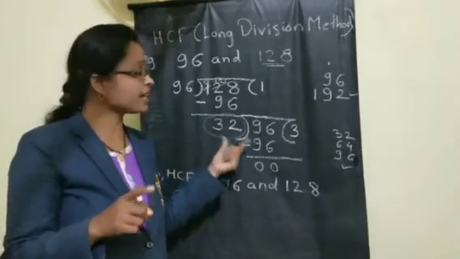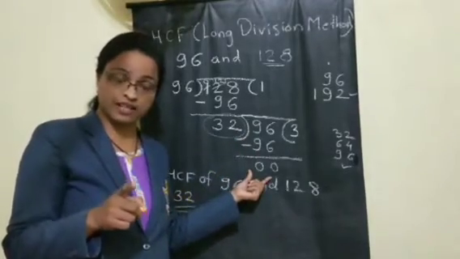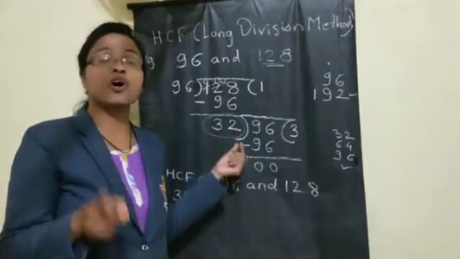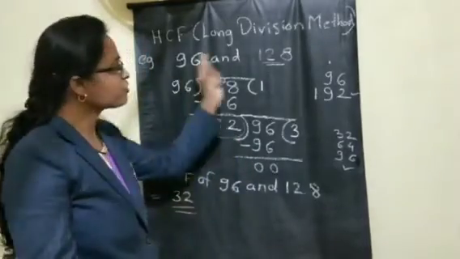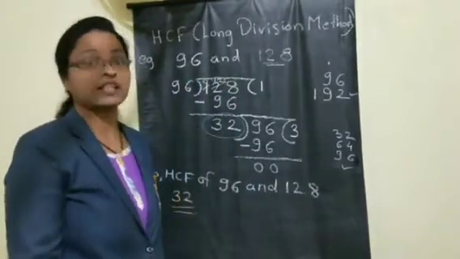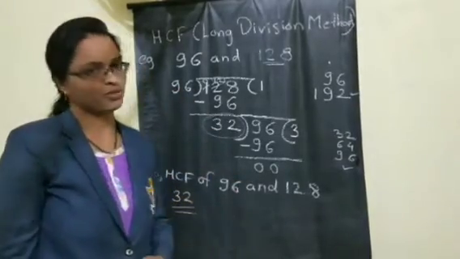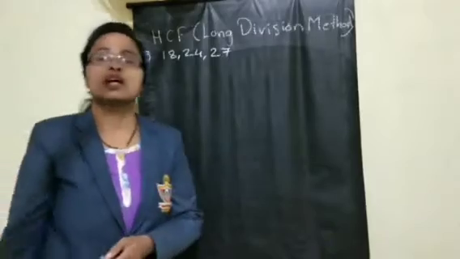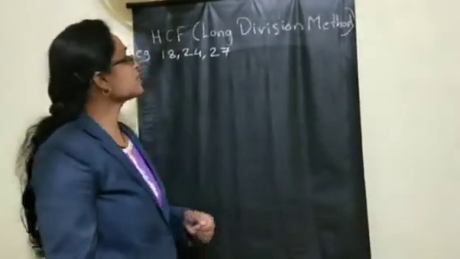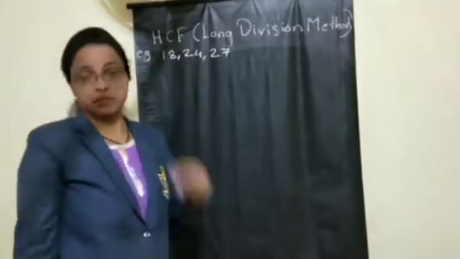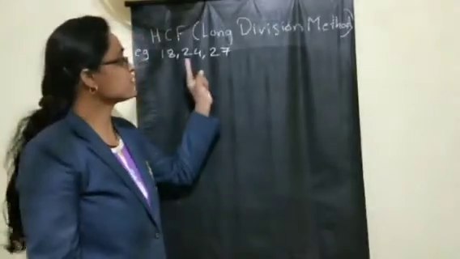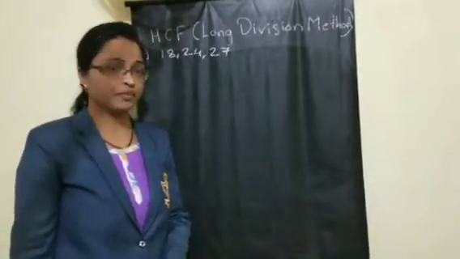The number by which we get the last answer as a 0 remainder will always be the HCF of whatever numbers are given. Keep this in mind, and you have to follow step by step to solve this problem. Understood? Okay. Now children, let us take 3 numbers to find the HCF with the long division method.